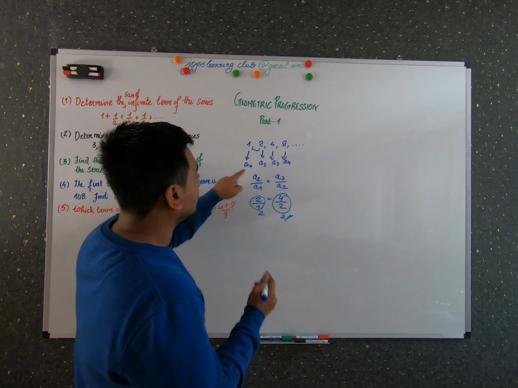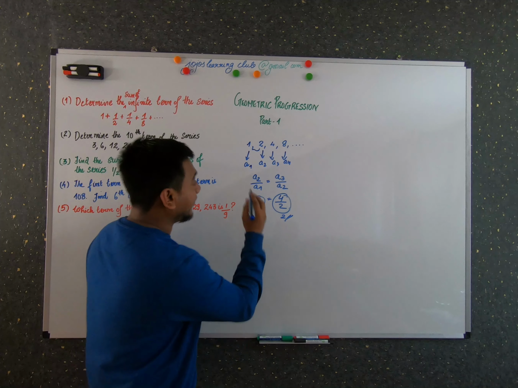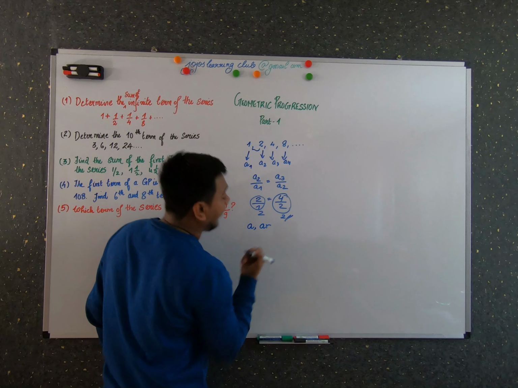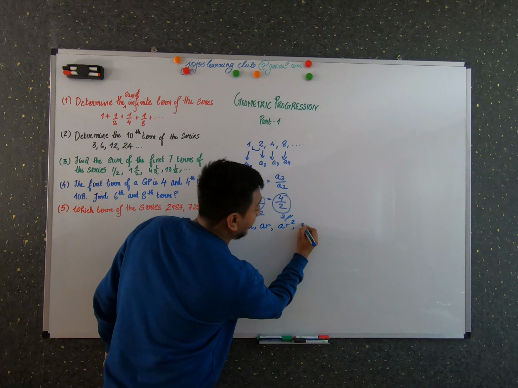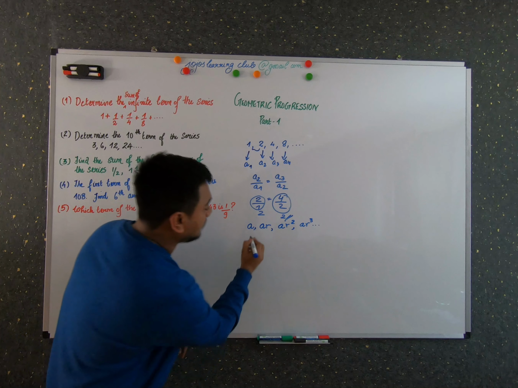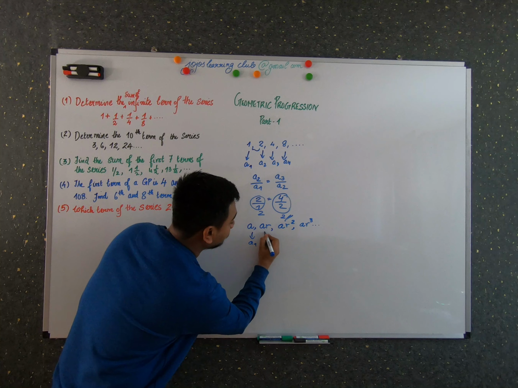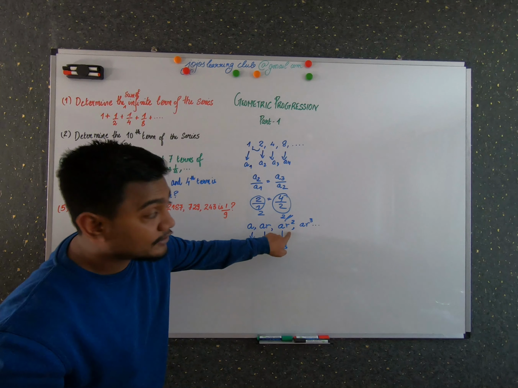So you can see that the first number is A. The second number will be AR, where R is the ratio. Then the third number is AR square, AR cube and so on. So for the first term you can see that this is A1, and this is A2. For A3 you see that it is AR square.